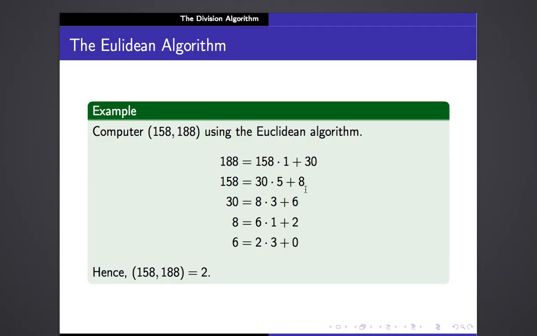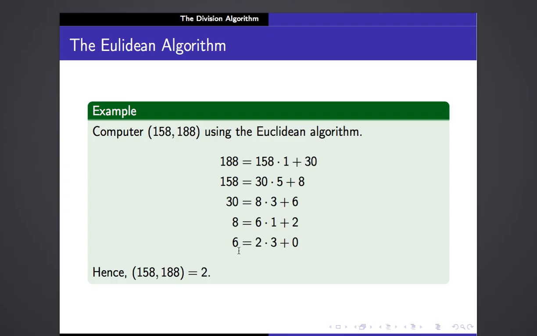Since 8 is not 0, we can continue. We can divide 30 by 8. So 30 equals 8 times 3 plus 6. And again, we can continue the process. Now we can divide 8 by 6. 8 equals 6 times 1 plus 2.